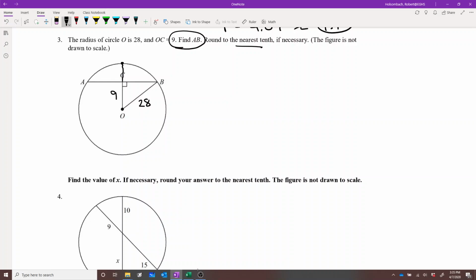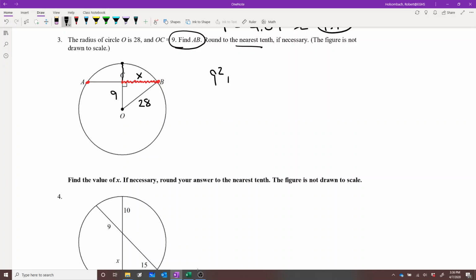And we talked earlier in the year about a radius or diameter that intersects with a chord. When a radius or diameter intersects with a chord, it creates a 90-degree angle, and it bisects the chord and the arc. So if we find this segment right here, we can double it to find A to B. So we're going to call this x.